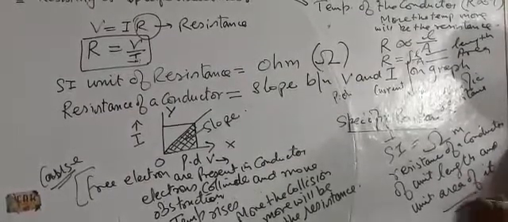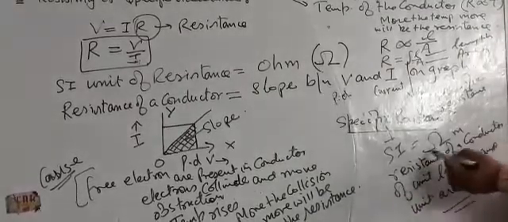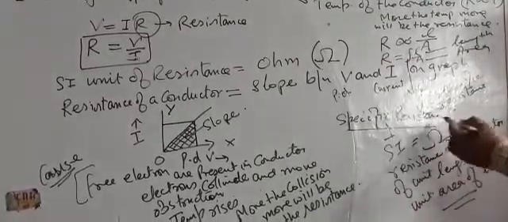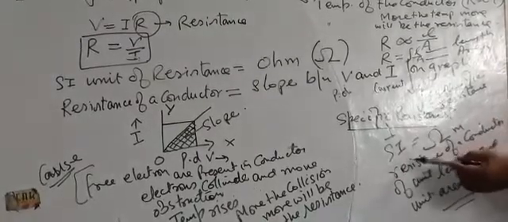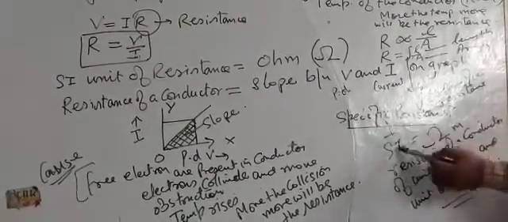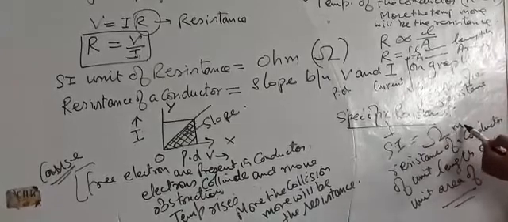This is the definition for specific resistance, and the unit for specific resistance is ohm meter.